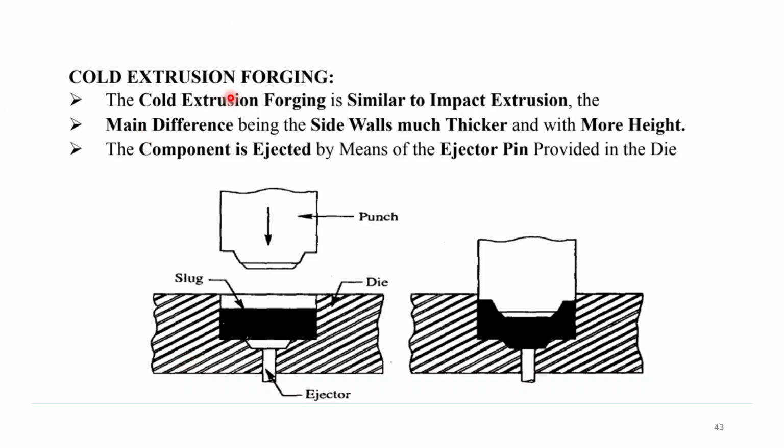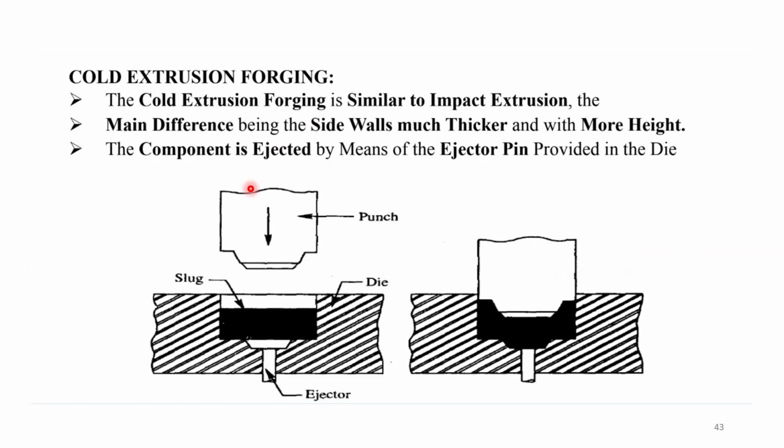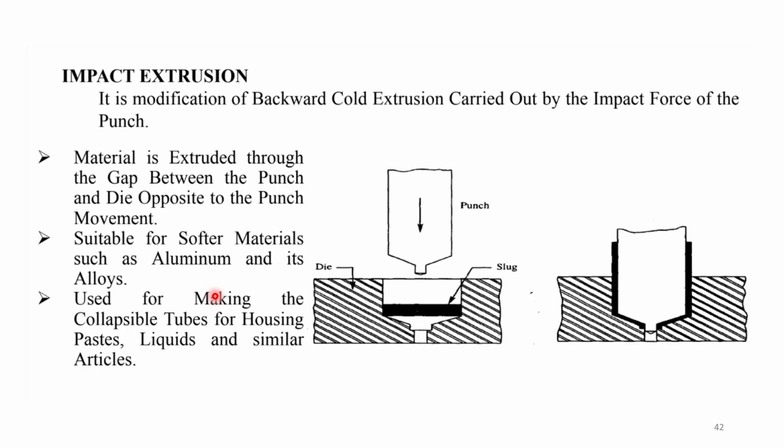Cold extrusion forging is very similar to the previous one. Here the walls are thicker, and the side walls are at a higher height compared to this.